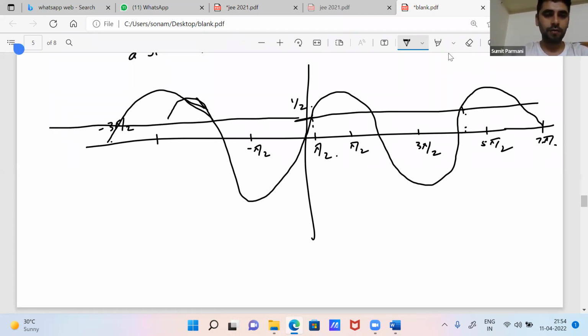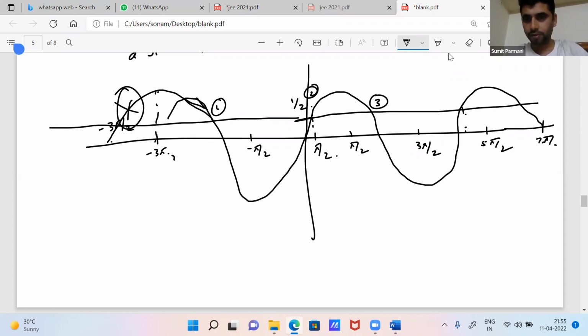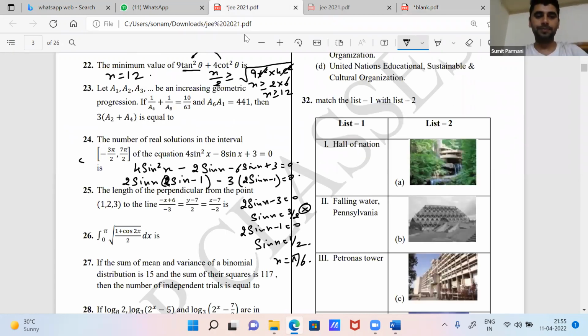Okay, and this is minus 3 pi by 2. Suppose here we will have 1. Okay, so this graph is not required. One solution, two solution, then three solution, third solution we have, fourth solution we have, and fifth we have. So total number of solutions are 5.